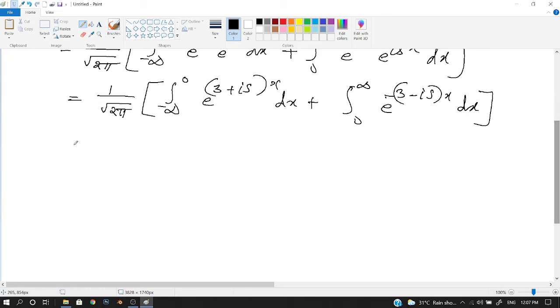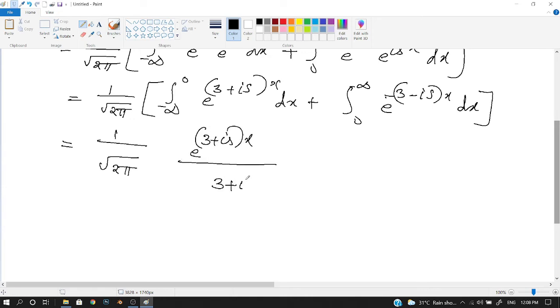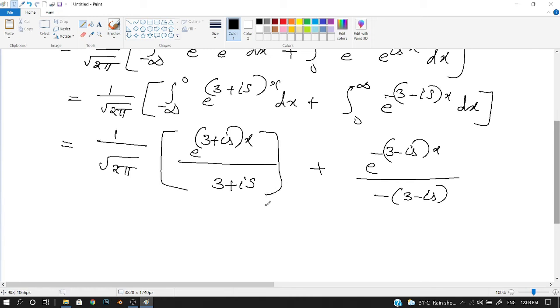Okay, now that is equal to 1 by root 2 pi, here e raised to (3 plus is) into x divided by (3 plus is), then here e raised to (minus 3 minus is) into x divided by (minus 3 minus is). Apply the limit, minus infinity to 0, here 0 to infinity.